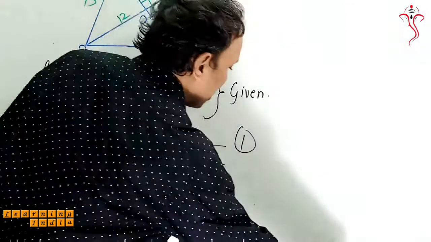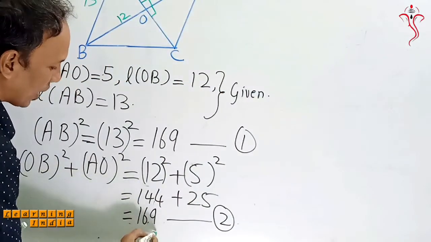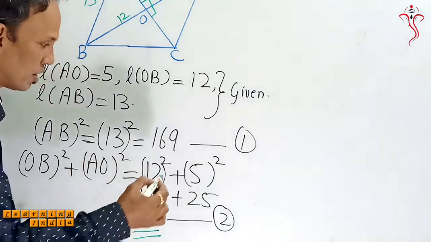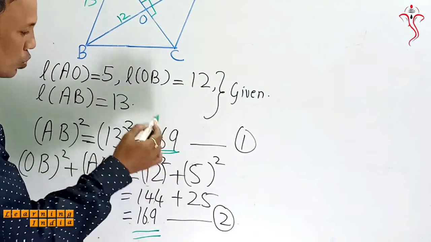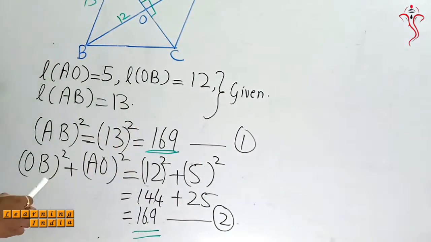So if you see clearly, in equation number 1 we are getting the answer as 169, and in equation number 2 also we are getting the same answer, 169. So equation number 1 is equal to equation number 2.